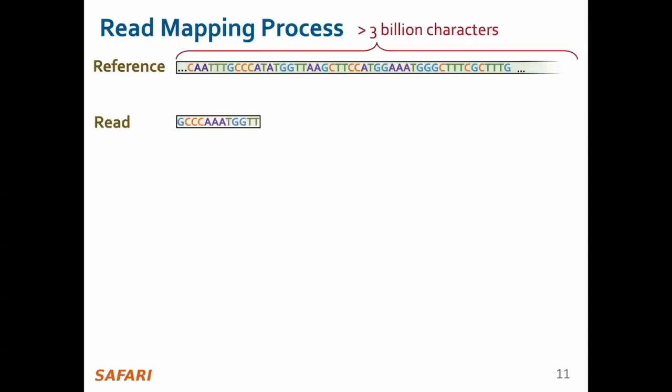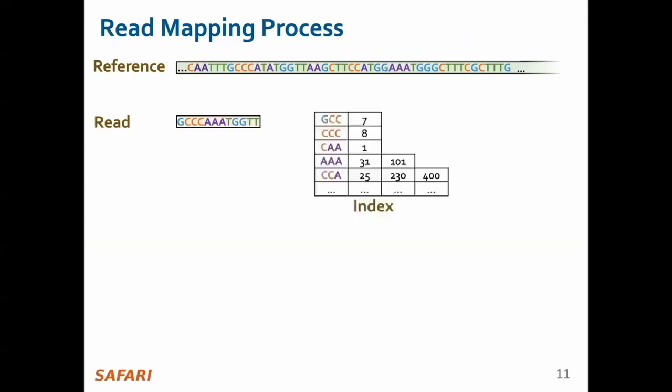For example, the human reference genome contains more than 3 billion characters. Therefore, read mappers typically use an index structure of their reference genome to reduce the search space. This index contains unique k-length subsequences called k-mers extracted from the reference genome and the locations of each of these k-mers in the reference genome.